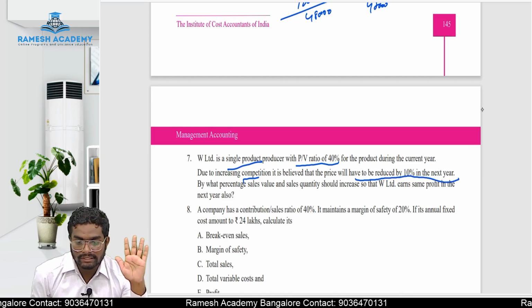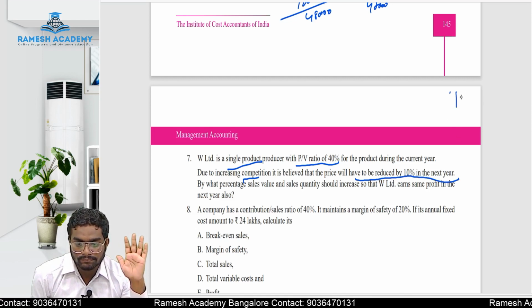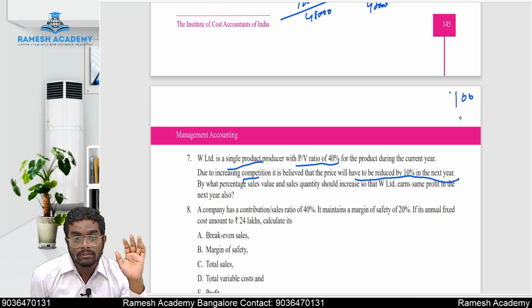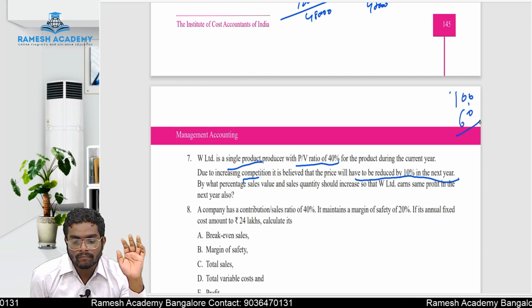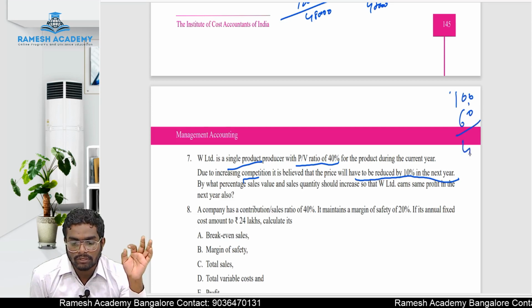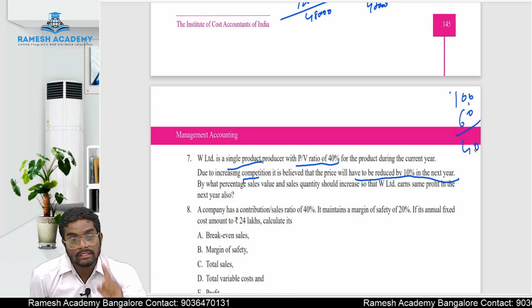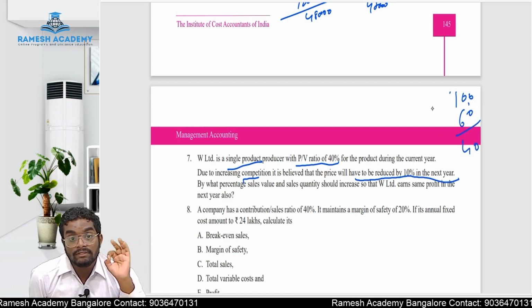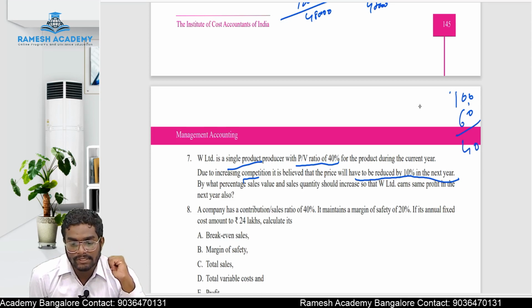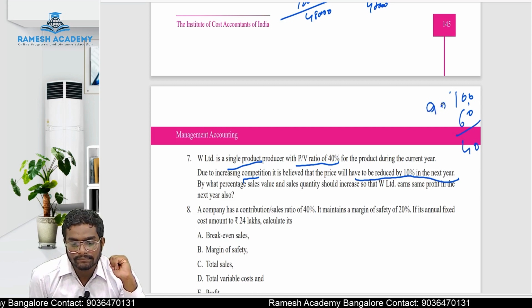See, take an example of 100 rupees. Now 60 rupees is my variable cost, so 40 rupees is my contribution. That is the thing they have given here. Now if the price is reduced by 10%, it will be 90 here.